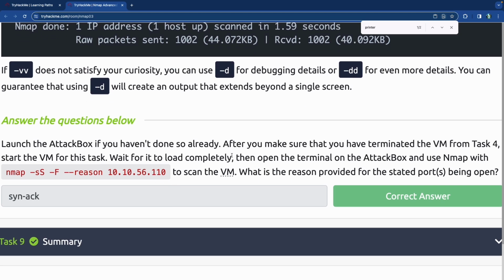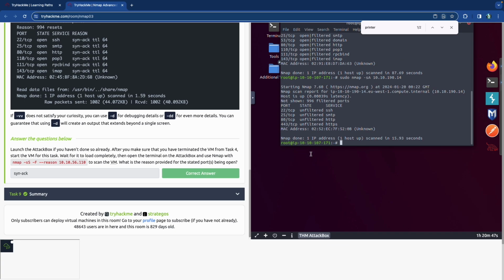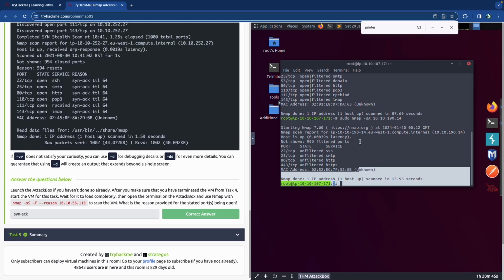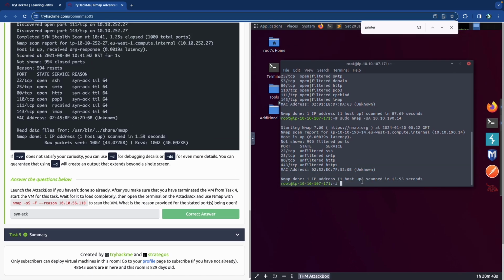So launch the attack box if you haven't done so, and start the machine, wait for it to load, then open the terminal, use Nmap and run this to scan: what is the reason provided for the stated ports being open? So let's run it, and we're going to get into the habit of also using verbose, right? -sS, -F, and then --reason, and then we want ports 1010, 56, 110, and then we're going to do -vv for very verbose.